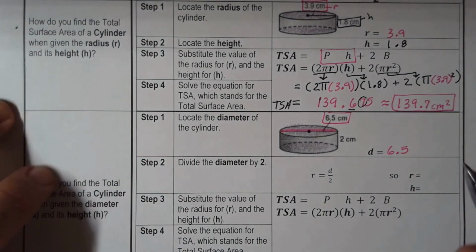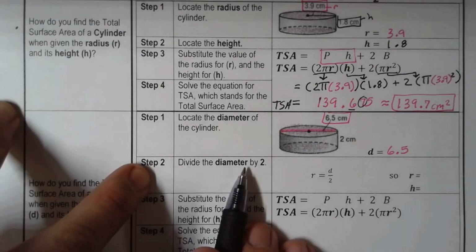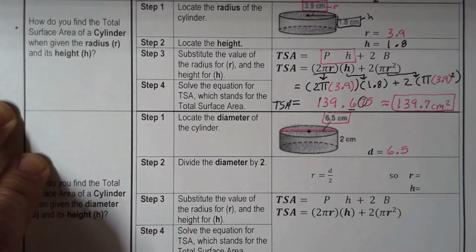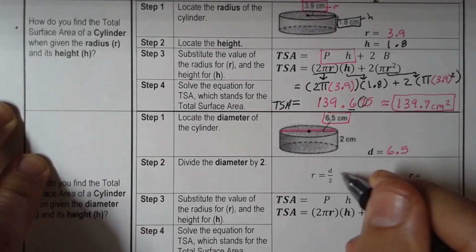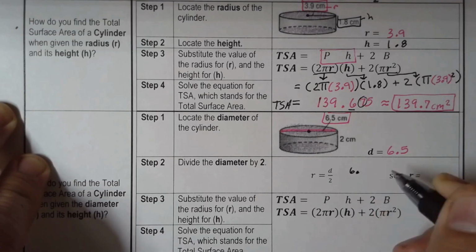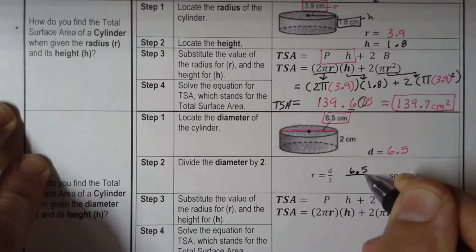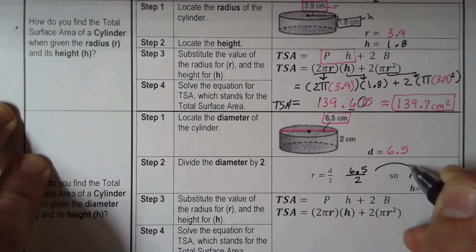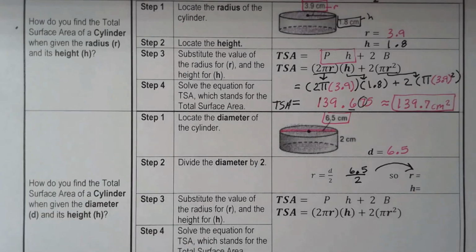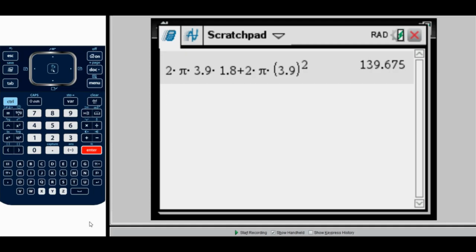And then, if you notice, it says divide the diameter by 2. Or as soon as I get that number, I'm going to go ahead and divide it by 2. So I'm going to say 6.5 divided by 2. And that's going to give me my radius. And if I put that in my calculator, divided by 2 gives me 3.25.